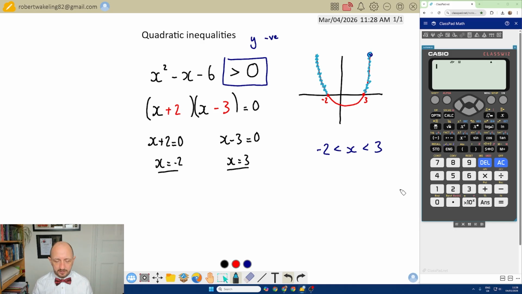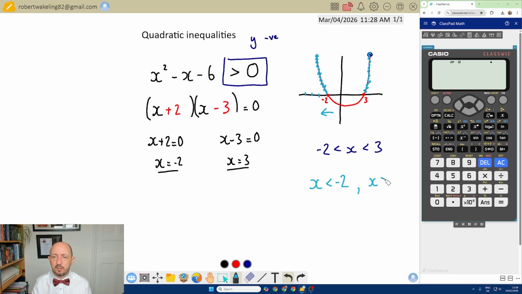When it's not a continuous part of the graph like this one underneath, that was just one continuous part. Here we've broken the graph into two sections. We have to do two separate inequalities. Okay, when x is less than -2, like -3, -4, -5, the y coordinates will always be positive. Okay, so it's like an arrow to the left of -2, or we usually do a comma.